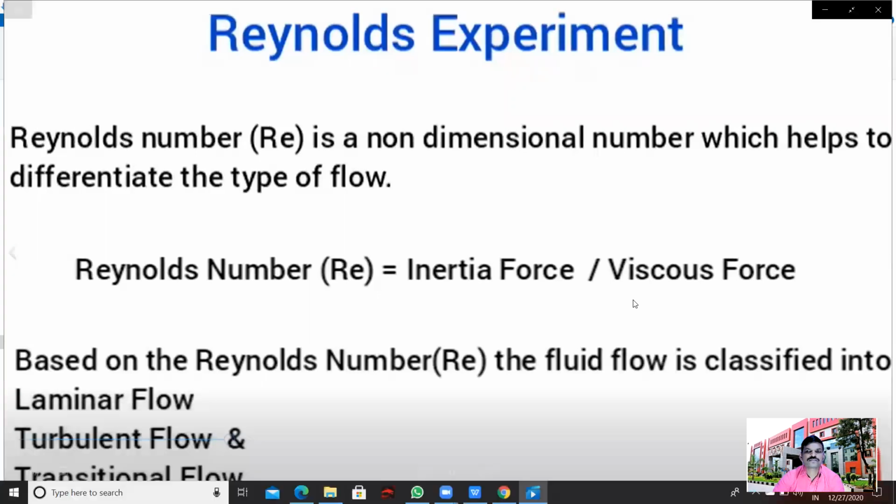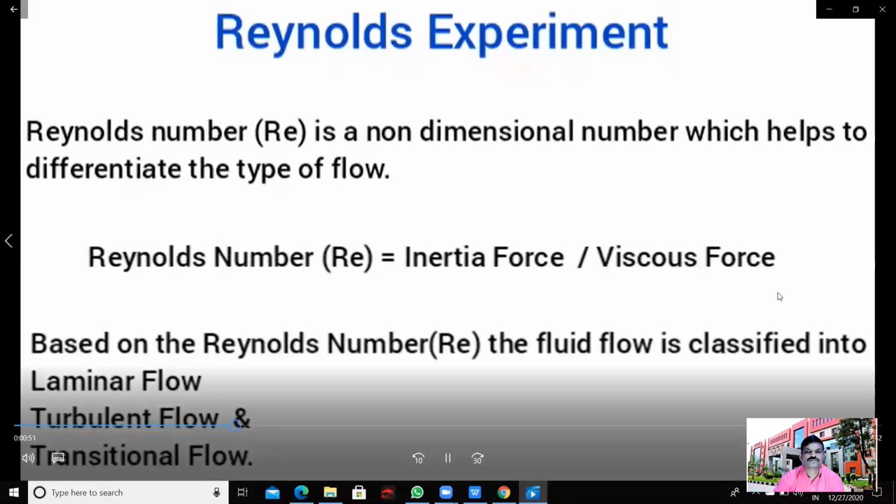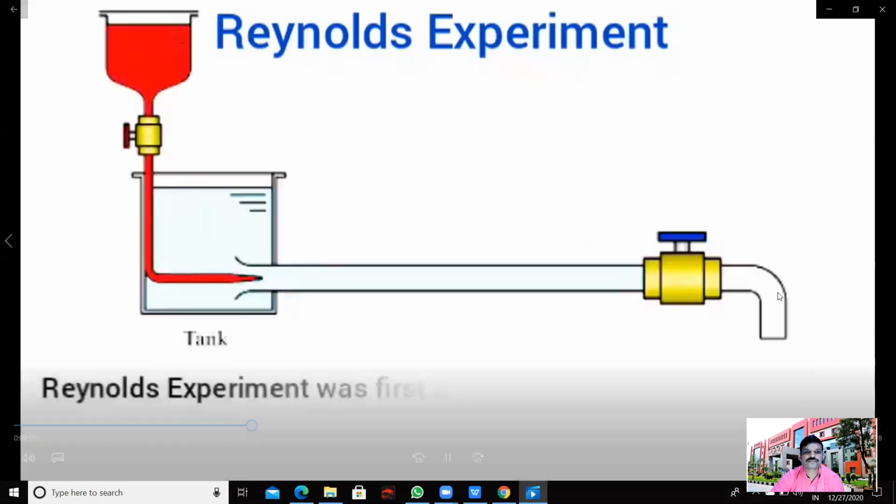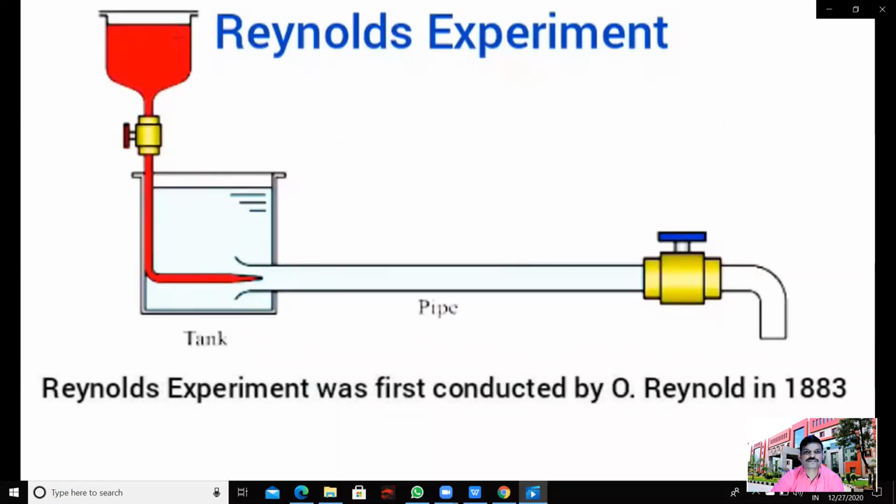To understand these flows, the Reynolds experiment was conducted by Reynolds in 1883. This experiment gives a clear picture about how laminar, turbulent and transitional flow takes place in fluid flow.